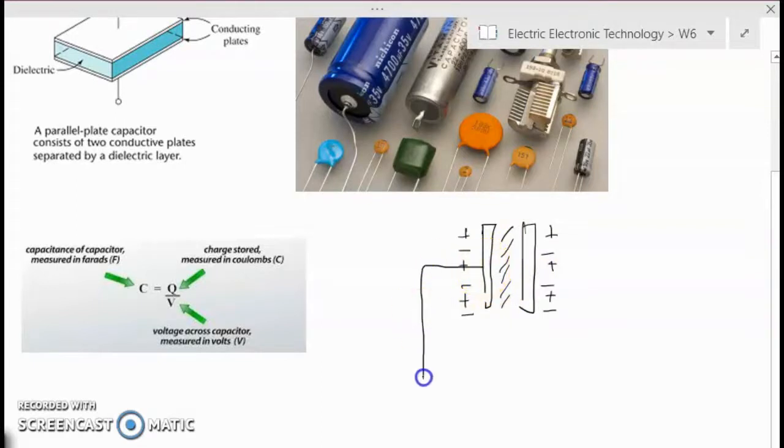So let's imagine now we're connecting it to, let's say, a battery that has a certain potential difference. Let's say we put the positive terminal here and the negative terminal here. And as you by now know, a positive terminal means you have a surplus of energy. A negative terminal means you have a deficiency, or less energy.